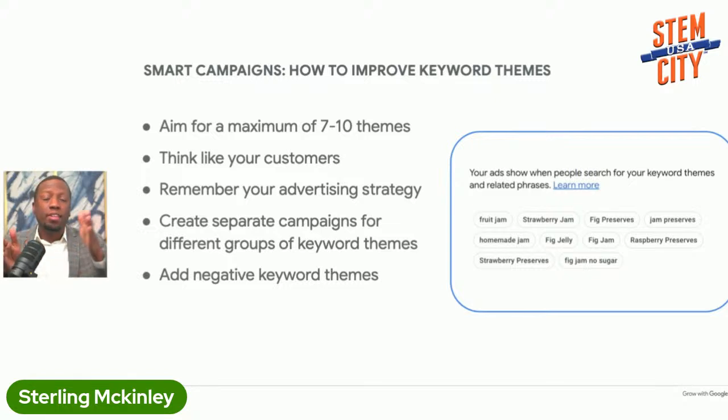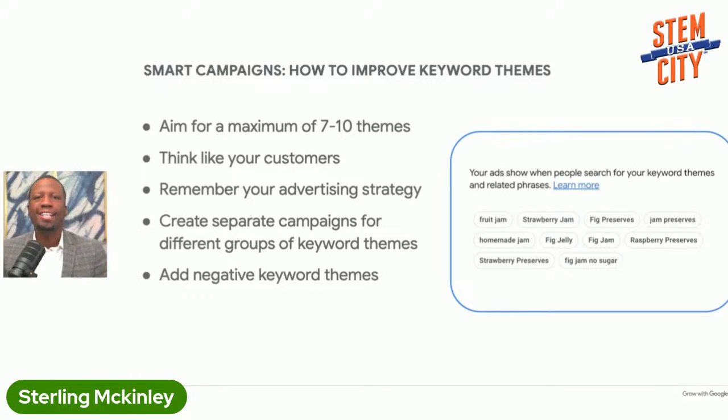You want to have separate keyword groups and also themes for different keywords. That's going to help the ad that shows to be more accurate and on point. So make sure that anytime you're promoting different products and services, you don't group them all into one keyword theme, you break them into separate themes. That way, you can manage them easier and better.